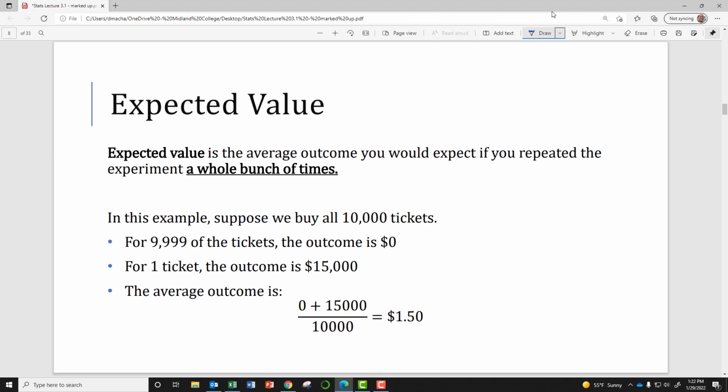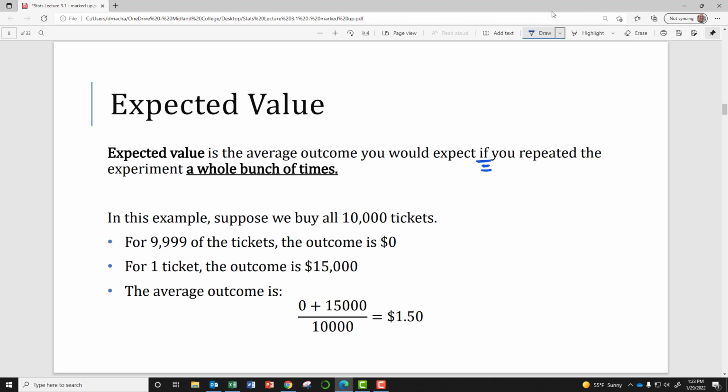And the expected value, it turns out, is going to be the average outcome that you would expect if, and this is important, if you repeated the experiment a whole bunch of times. So imagine repeatedly buying a lottery ticket over and over and over again until you get a huge number of lottery tickets. What would be the average outcome if you played the lottery every single time, for the next 1 million years?